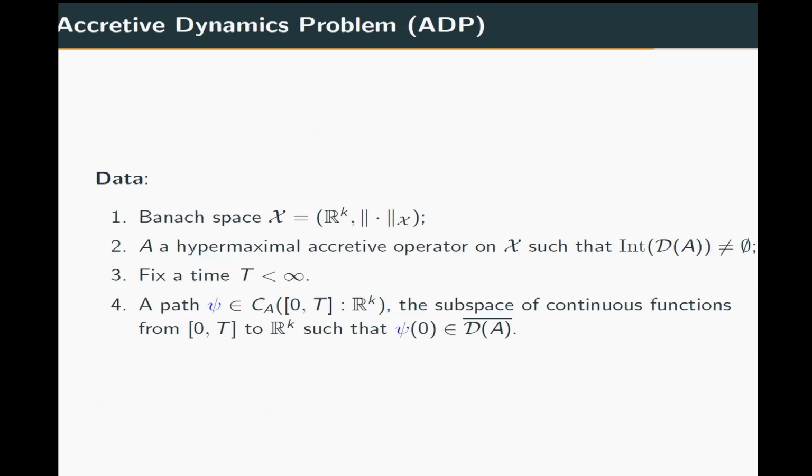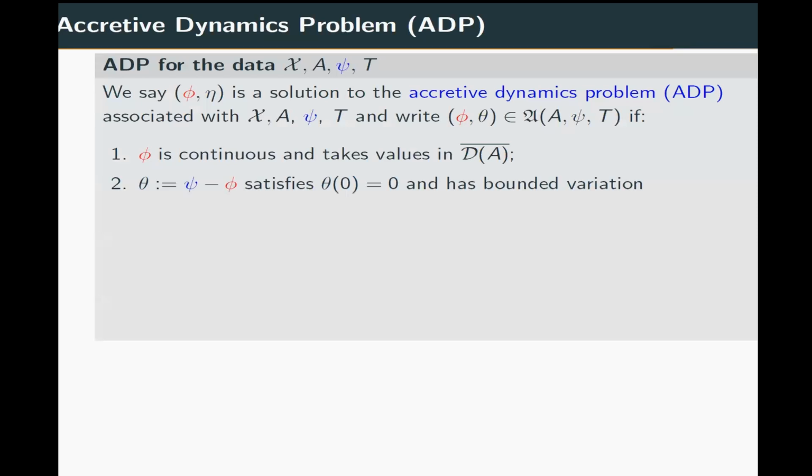Okay, so just to quickly summarize, you have this Banach space, and A is a hypermaximal accretive operator. You can fix a time, fix a path, and then you can write down a Skorokhod type problem in terms of this accretive operator, but with measures rather than just d phi absolutely continuous and things like that. If you do that, phi is continuous and takes values in G, where G is the closure of the domain of the operator.